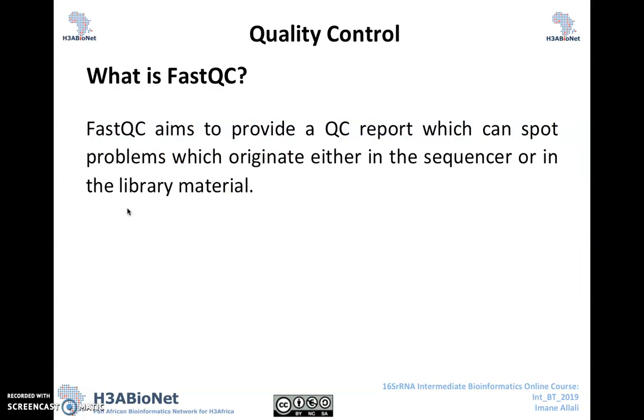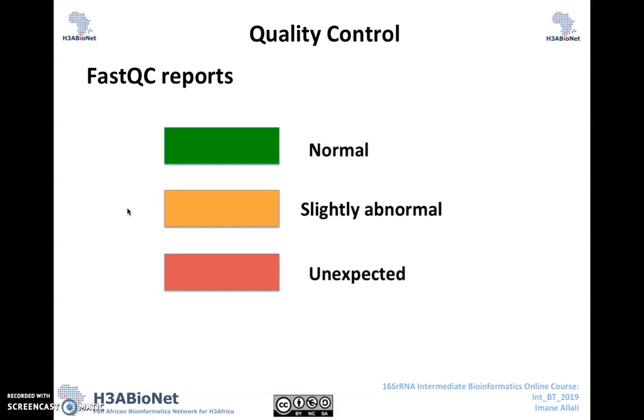FastQC aims to provide a QC report which can spot problems which originate either in the sequencer or in the library material. FastQC gives a very nice graphical report. It gives a summary of the modules which were run and a quick evaluation of whether the results of the modules seem entirely normal, which is represented by a green tick, slightly abnormal by an orange triangle, and very unusual by a red cross.